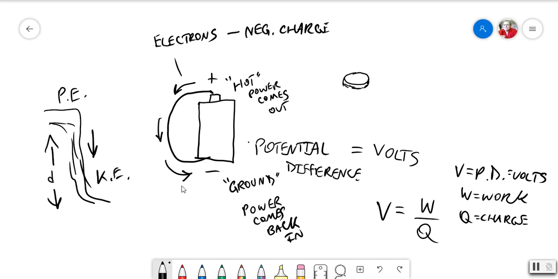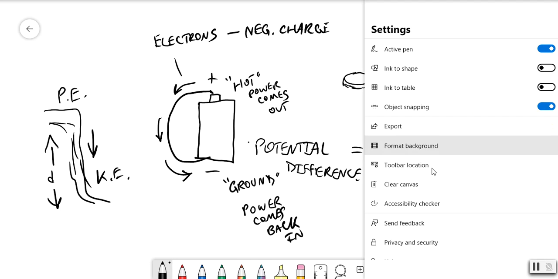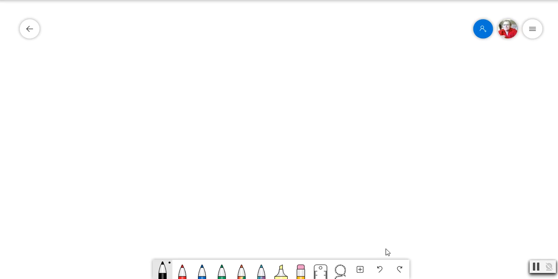So, just like the higher the waterfall, the more work the water does, the greater the work that the charge is doing, the greater the potential difference, the greater the voltage. I'm not going to go too deep into that really. I just want to get the basic concept. This was on page 498 in your packet.